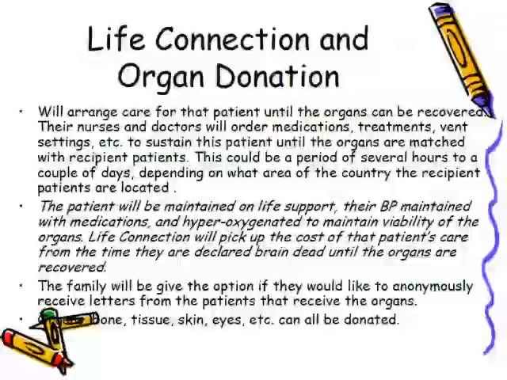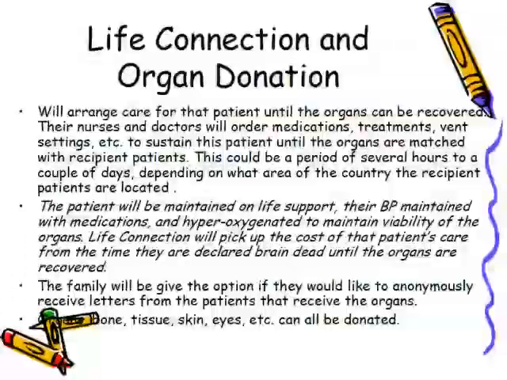So one patient could potentially donate heart, lungs, kidneys, liver, skin, bone, all sorts of different things, and these different organs could be going out to a wide variety of different areas of the country, depending on the donor list and that type of thing. So, like I said, these patients are maintained on life support through Life Connection.